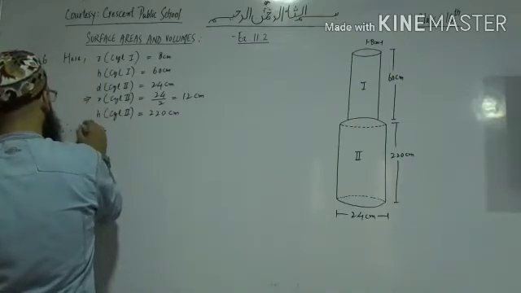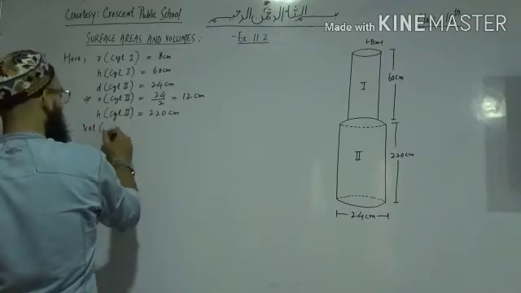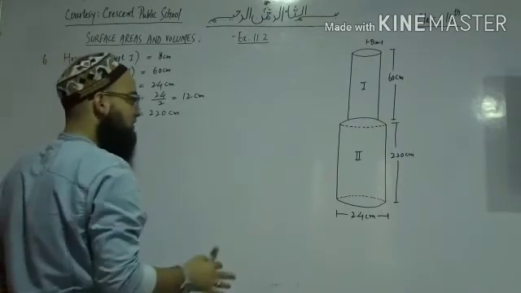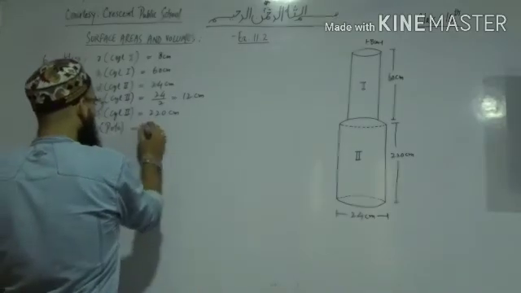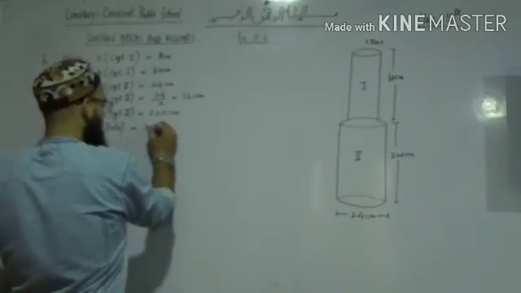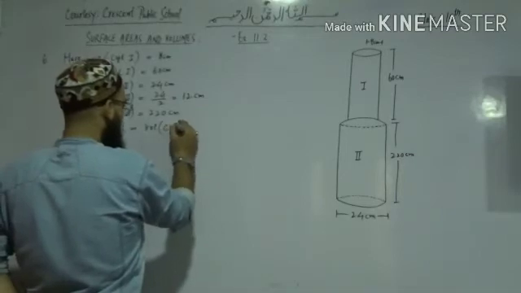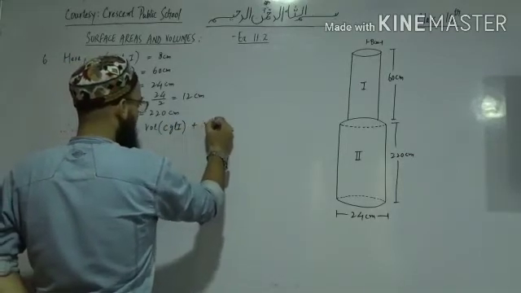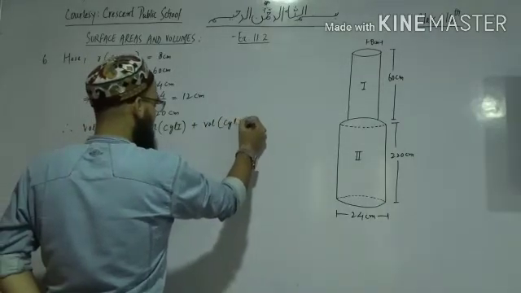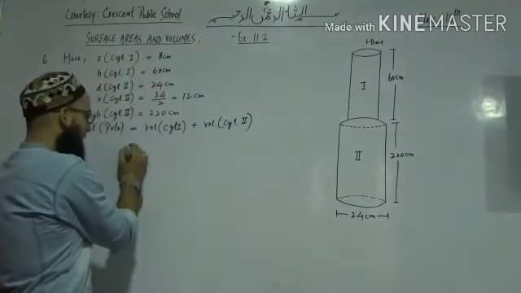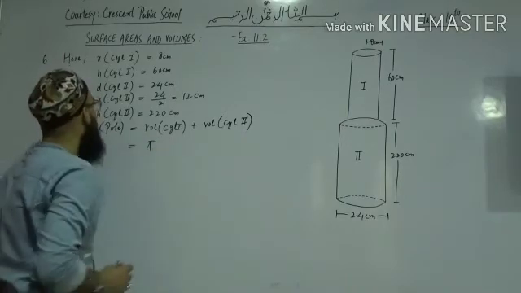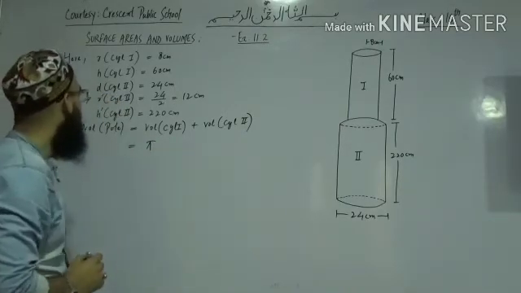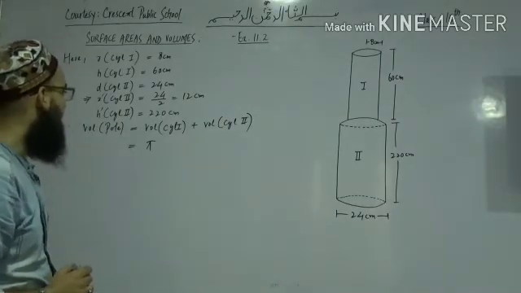Then, therefore, volume of pole. This whole structure is the pole. Volume of pole is nothing but volume of cylinder 1 plus volume of cylinder 2. For cylinder 2, let me have this as R dash and H dash because this is different from the first.